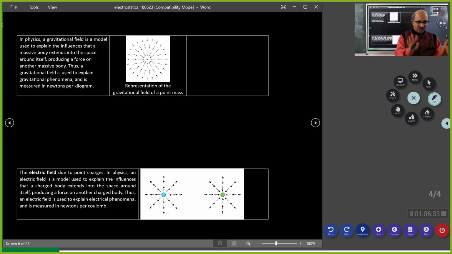So around a charge also there is an electric field. Gravitational field, electric field. Now a similar representation for this. Only thing is, if there is a positive charge, the electric field is diverging. If it is a negative charge, the electric field is converging. But if you see the nature of the vectors, they are similar.